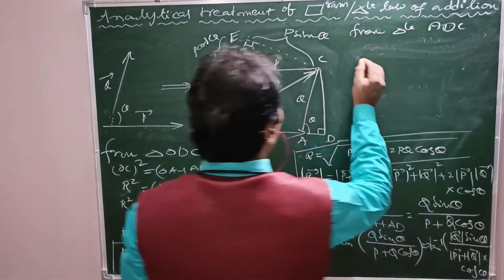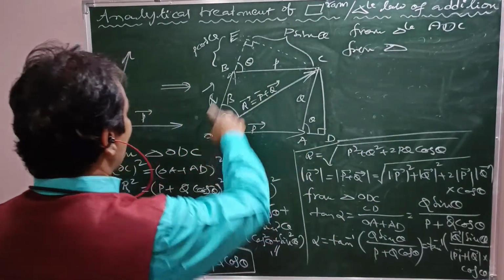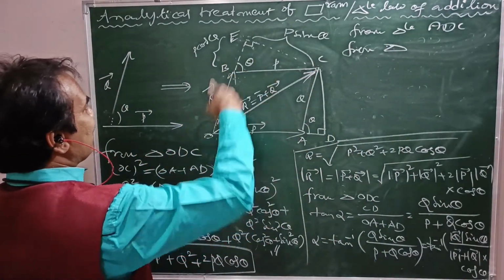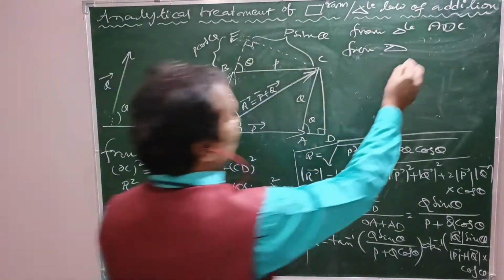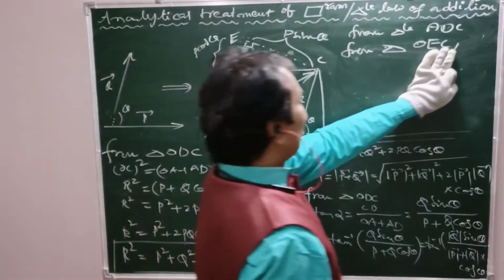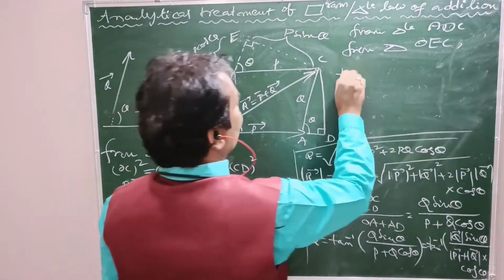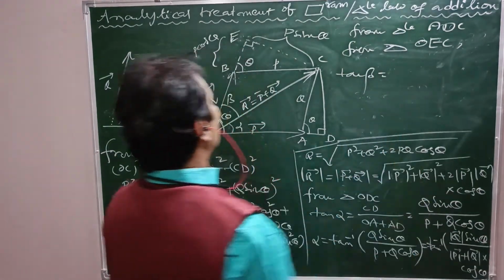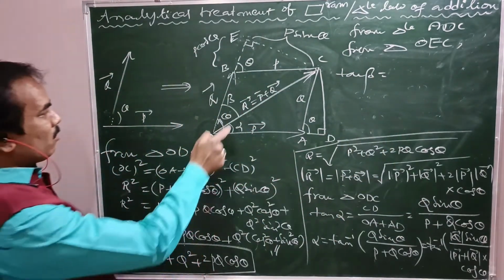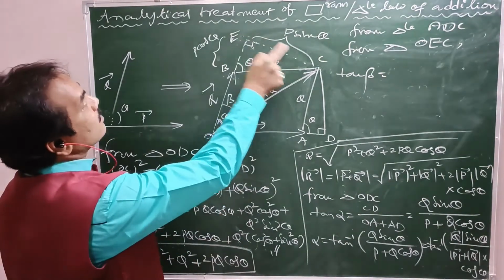From the right angle triangle, see, what is this right angle triangle? OEC. From this triangle, take tan beta equal to, see this is the beta somewhere here. With respect to beta, this is the opposite side.